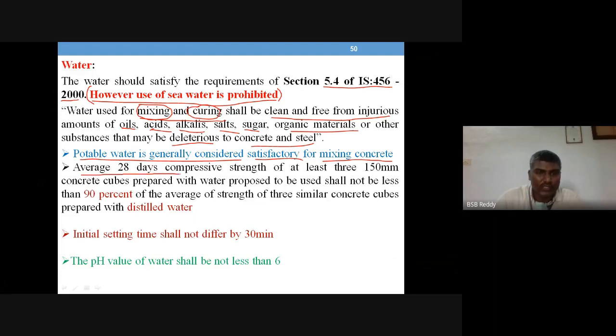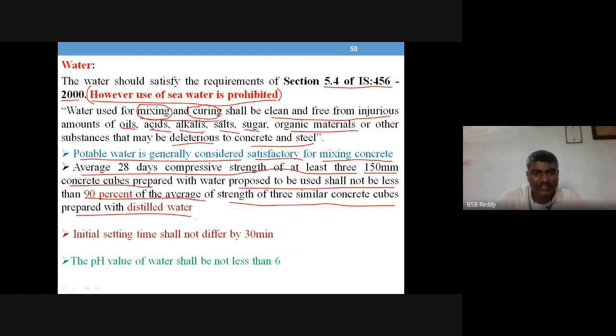The average 28 days compressive strength of at least 3 cubes of 150 mm concrete prepared with the water proposed to be used shall not be less than 90% of the average strength of three similar concrete cubes prepared with distilled water.